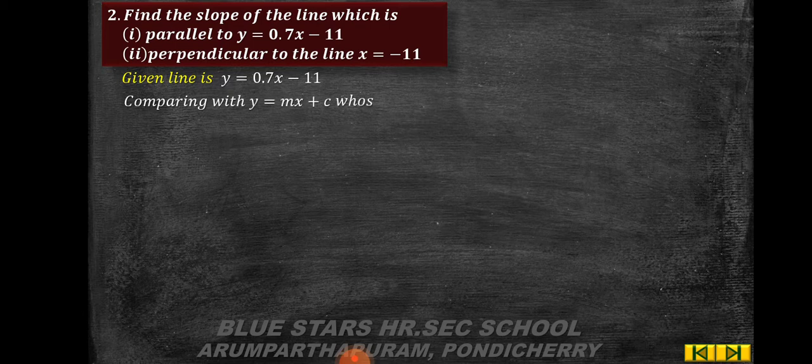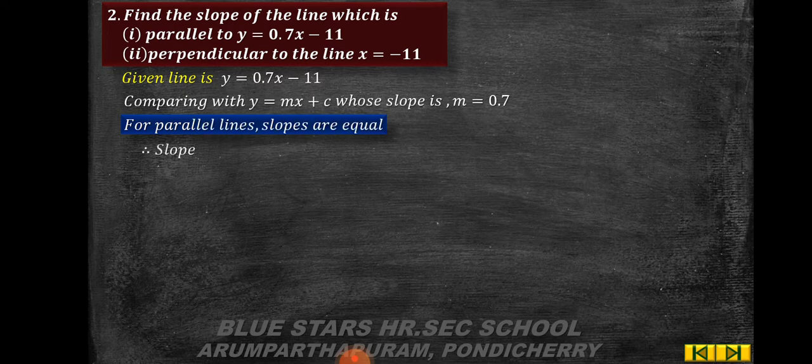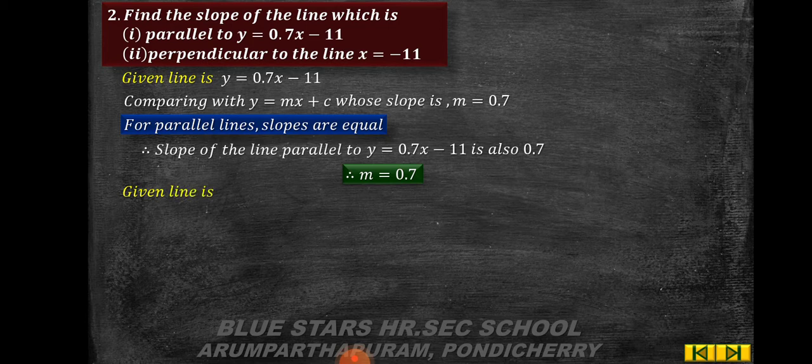Comparing with y is equal to mx plus c, whose slope is m is equal to 0.7 and c, the y-intercept, is minus 11. For parallel lines, slopes are equal. Therefore, slope of the line parallel to y is equal to 0.7x minus 11 is also 0.7. Therefore, m is equal to 0.7.